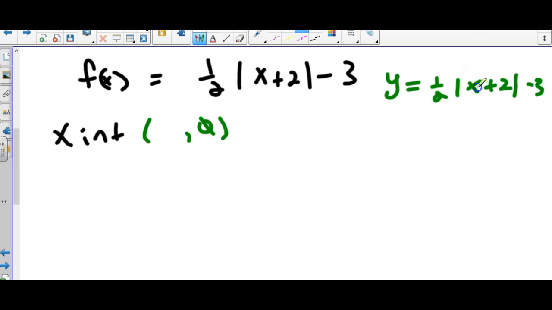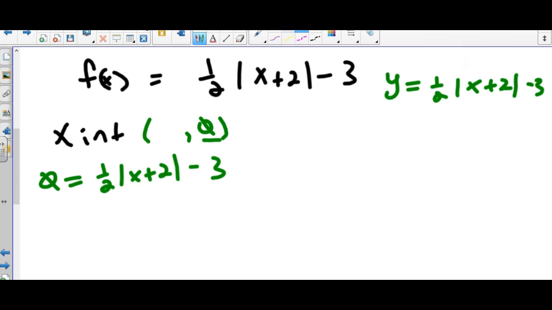Now that we know we can rewrite f(x) as y, I can solve for my x-intercept by making my y value 0. So instead of y, I substitute 0 in place of y. 0 equals 1/2 absolute value of x plus 2, minus 3. And then I just solve for that x.